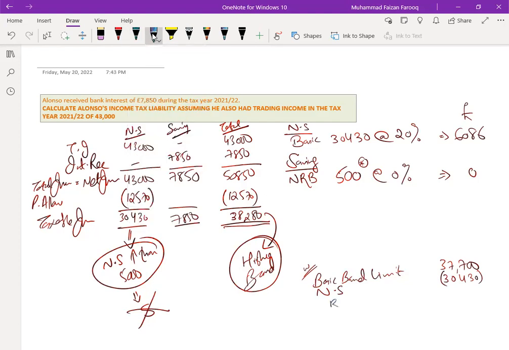How much did we use in the nil rate band? 500.